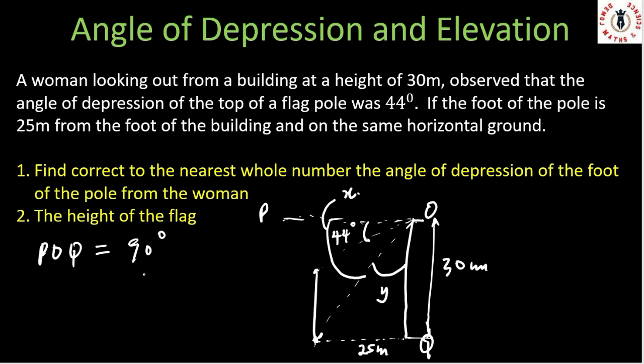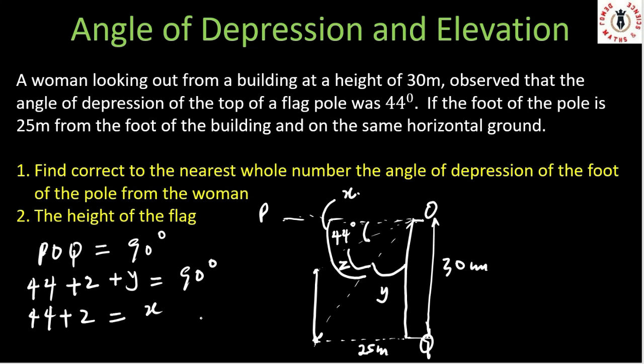There's an angle here, let's call this Z. So 44 plus Z plus Y will be equal to 90 degrees. Meanwhile, 44 plus Z is the same thing as X, which is what we're looking for.